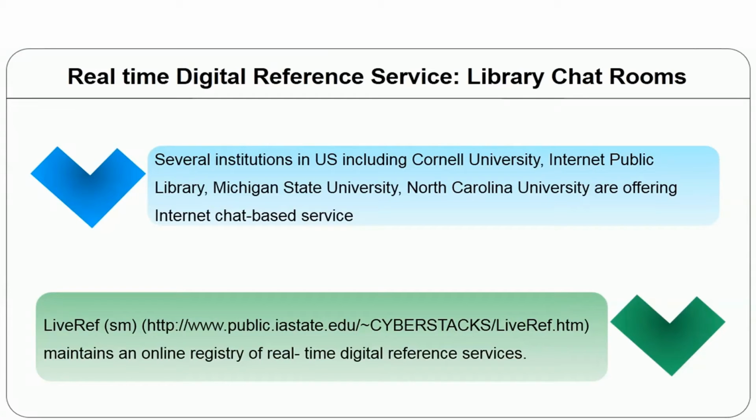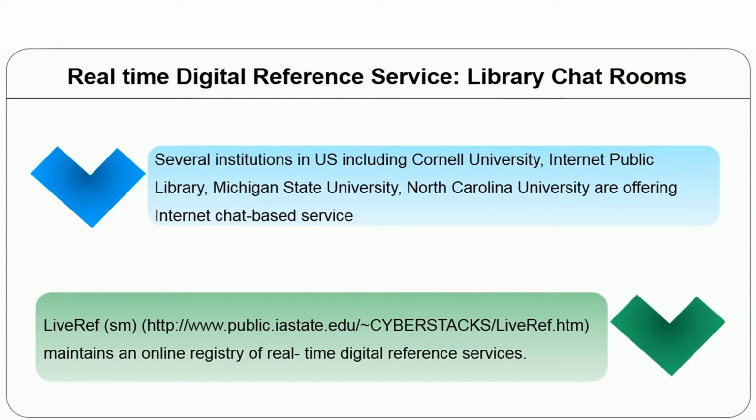And to the students watching this video, when you graduate and you are in a library, chat, etc., is to be used not for killing time, but for very important subject-wise reference service where you can get involved.